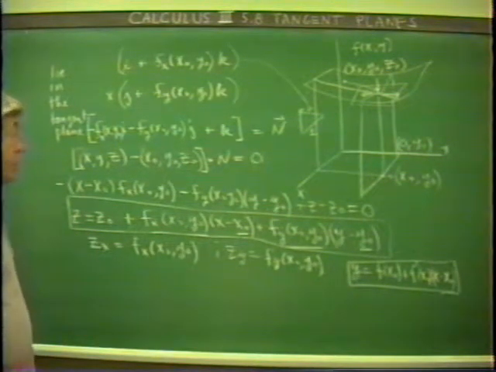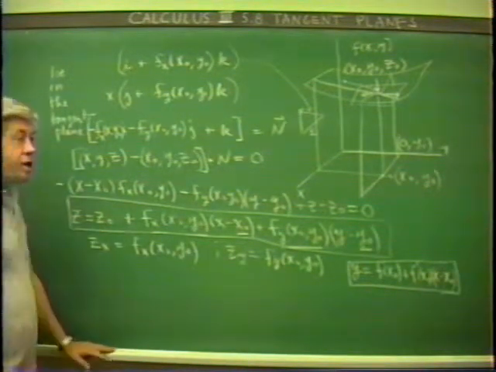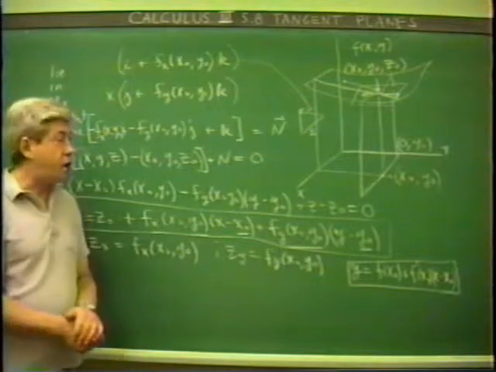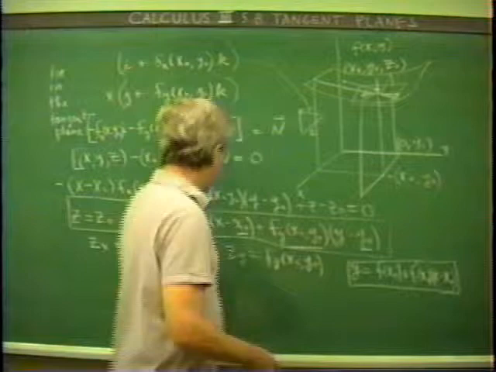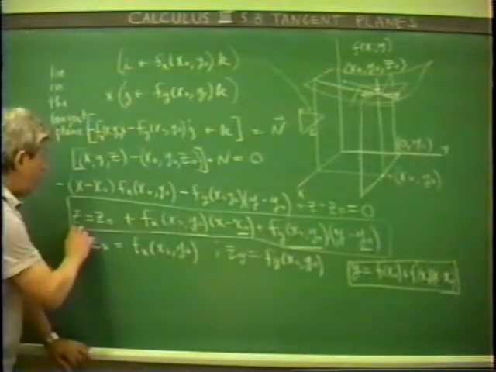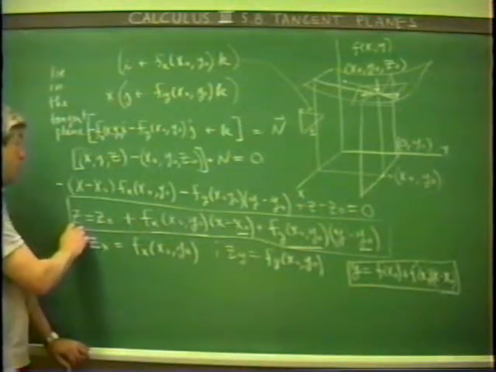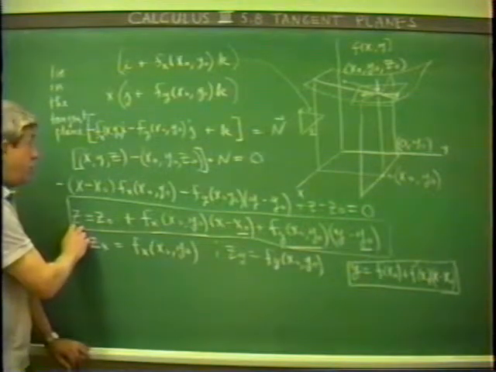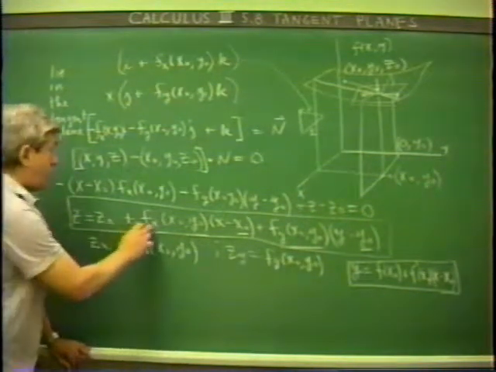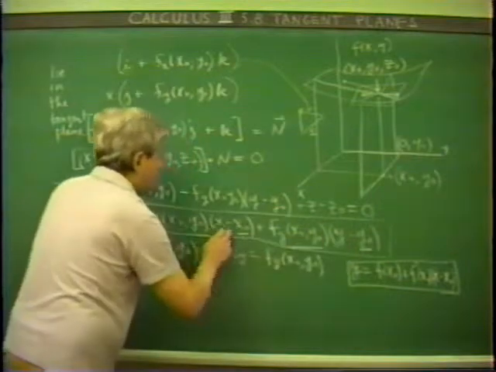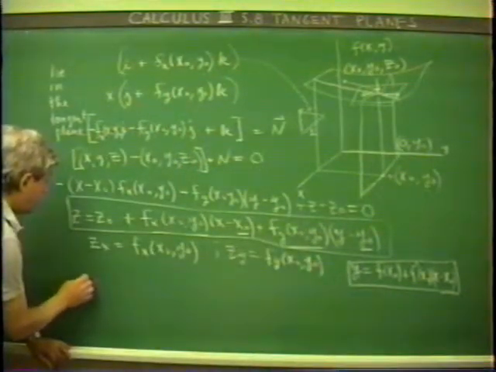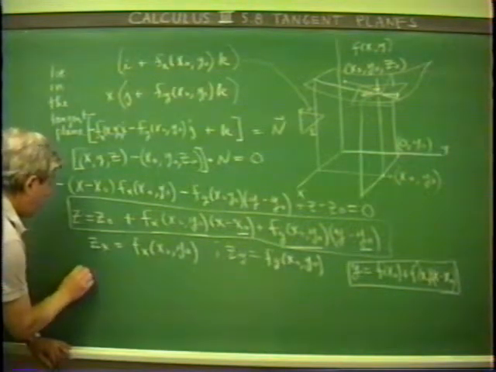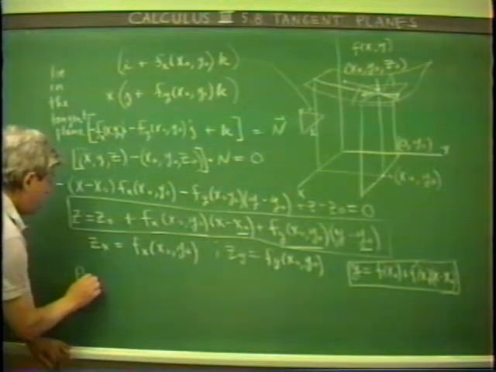We've looked at the higher partials, and usually no one goes into great detail in a calculus class about applications of the higher partials. There is an analogous application to that of Taylor series for the derivatives of a function. That's to say, here we've written an approximation to the function using the tangent plane, namely z is z naught plus this partial times x minus x naught plus the partial times y minus y naught.